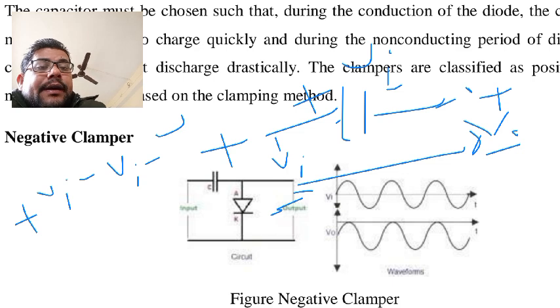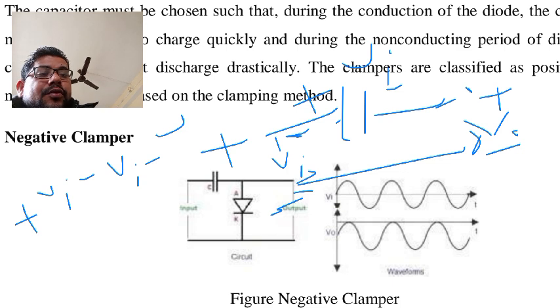Sorry, for the negative half cycle the diode becomes reverse biased, so we are writing it wrong here. Again, we can take a new slide here.